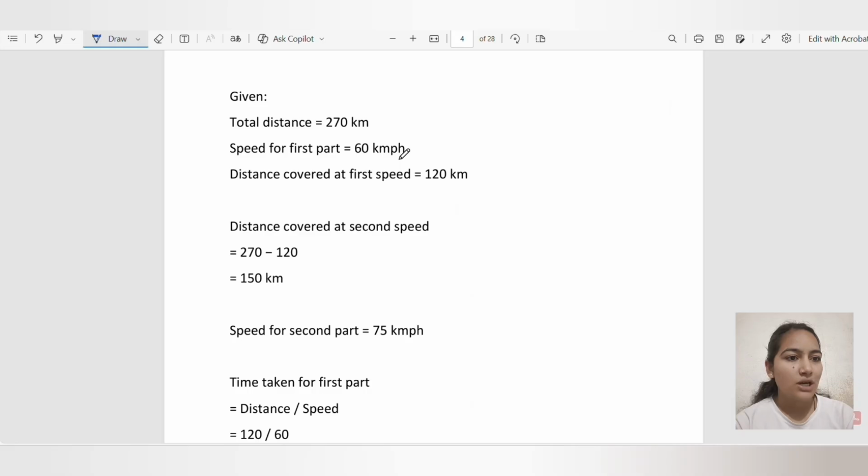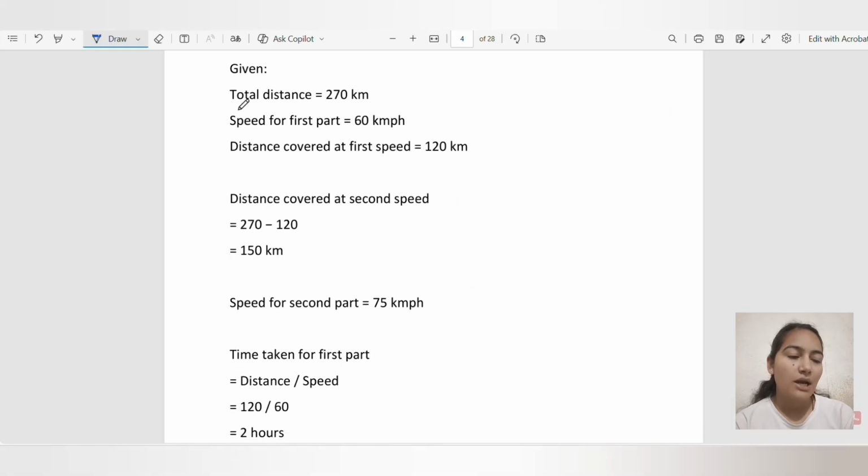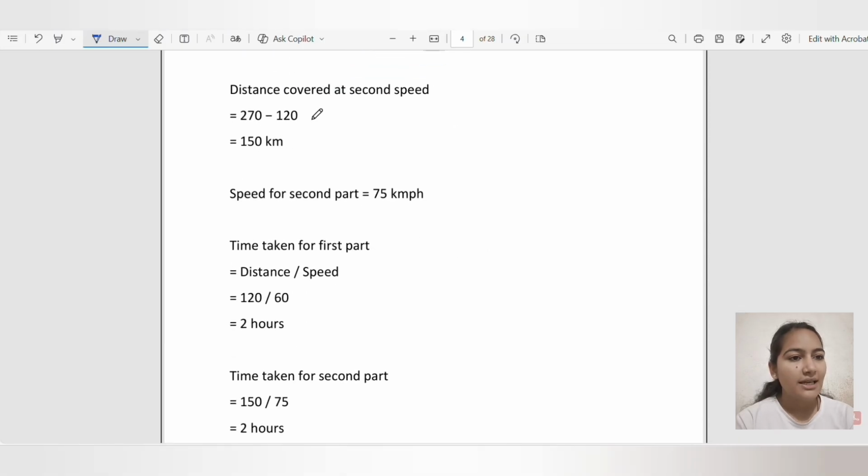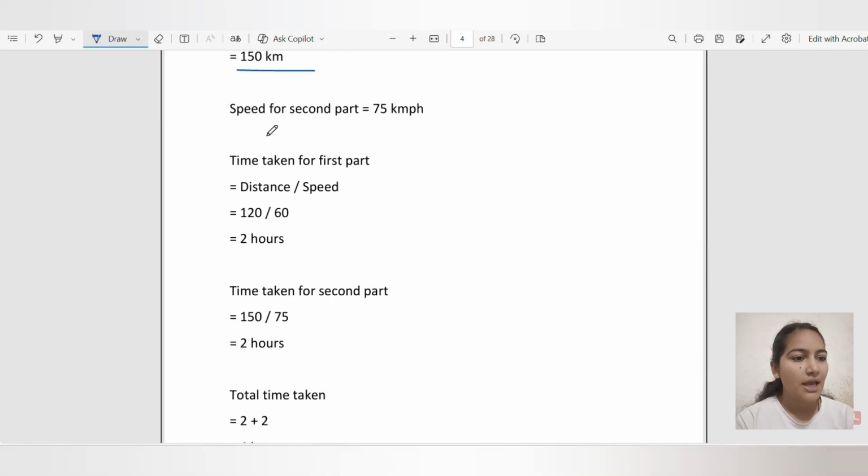We are given the total distance. The speed for the first part is 60 kilometer and the distance covered at the first speed is 120. The second distance covered at the second speed is 270 minus 120, that is 150, and the speed for the second part is 75.